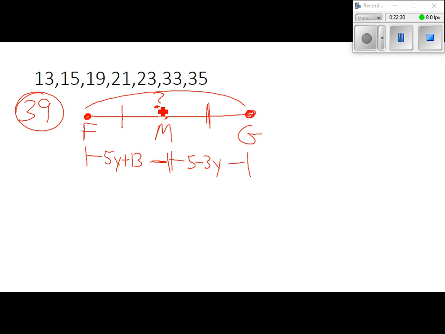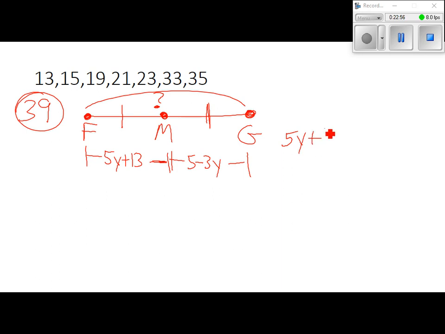What are we going to do with these two expressions that they gave us? On the stuff that we did earlier this year, we would have added them and set it equal to the whole thing. Is that going to work this time? We don't know the whole thing, do we? But what do we know about those two segments? They're equal. So what equation can I set up?